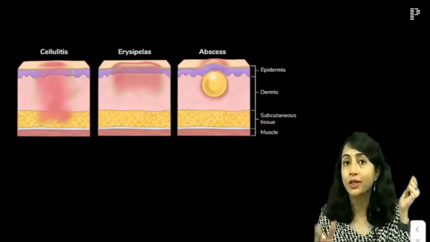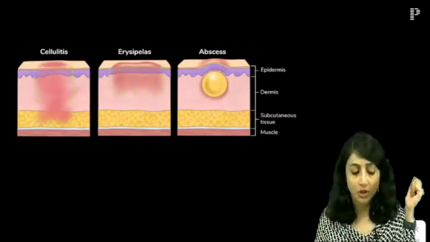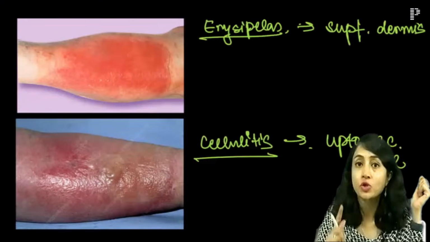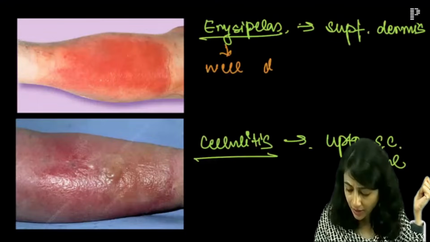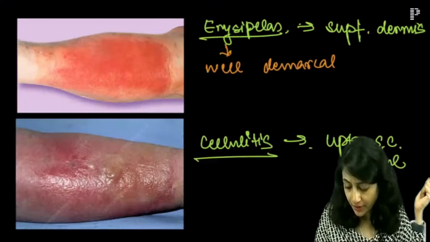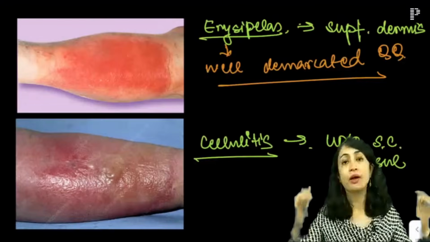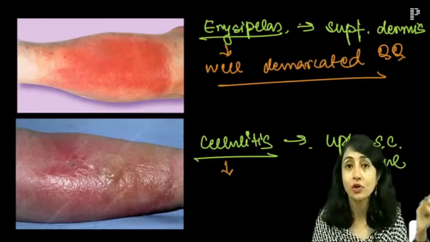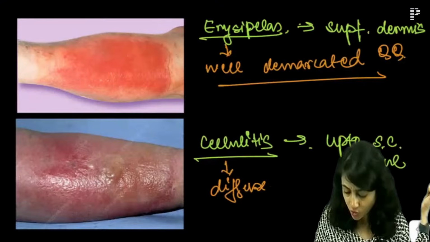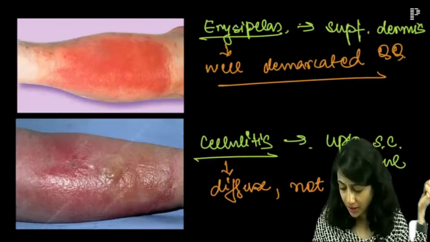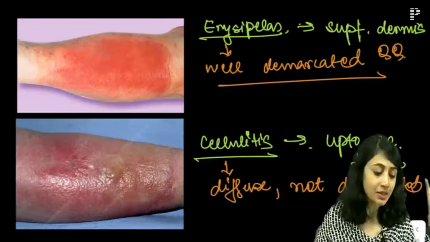That is the difference between erysipelas and cellulitis. But when you see the patient, how do you differentiate? Since erysipelas is superficial, here my plaques are well demarcated. They have well demarcated margins, whereas cellulitis, being deep, going up to the subcutaneous tissue, is more diffuse, not demarcated. That is the major difference.